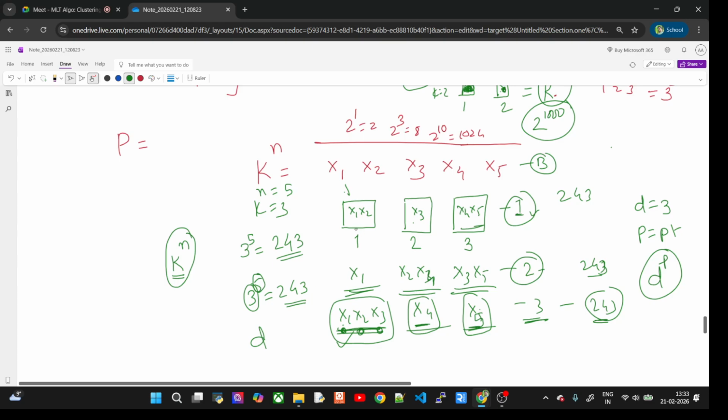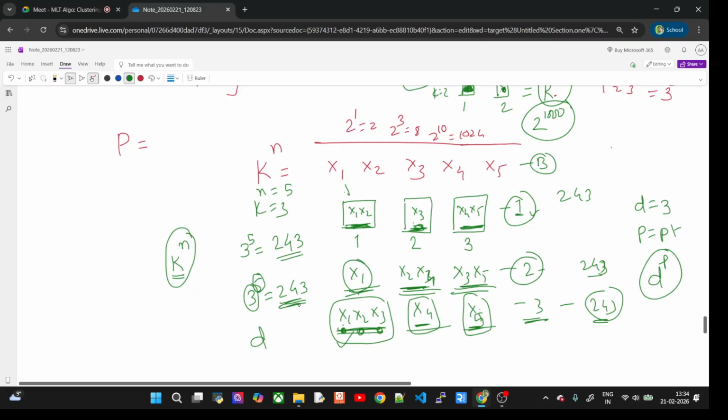You created a group of x1 and x2, the two kids. You created one group here, one group here, and in this group he is alone. Next time you decide you don't want it like this, so you create x1 alone in this group, x2 x4 here, and x3 x5, second way. How many times can you do that? You can do 243 times. You can rearrange them this way.